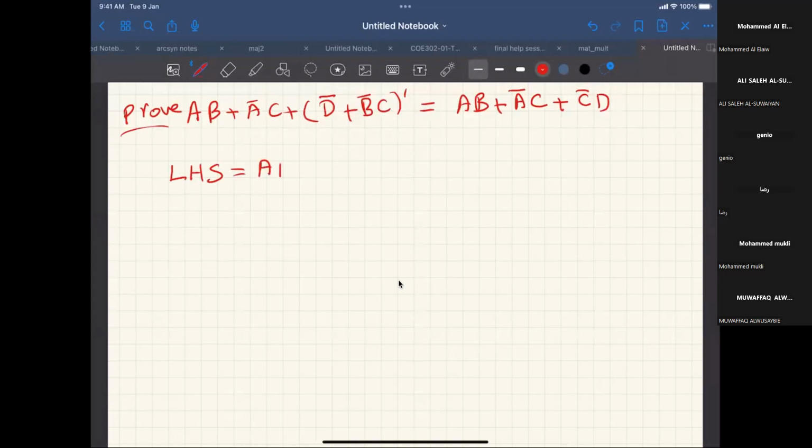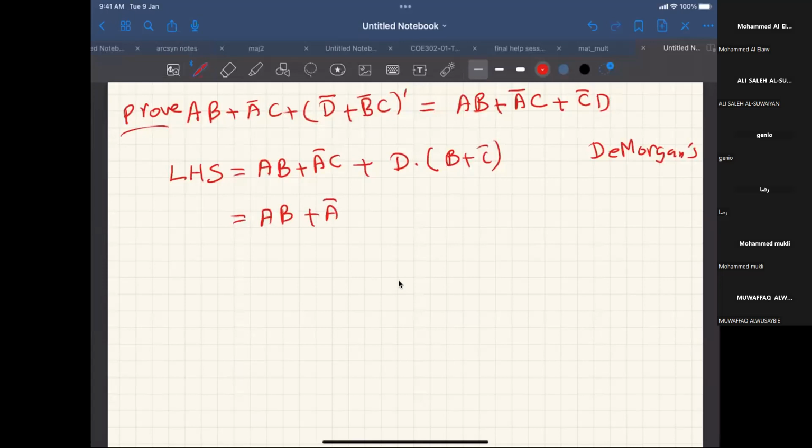AB ORed with A complement C, and then D ANDed with B OR C complement, by De Morgan's law. And then this equals, again, AB ORed with A complement C, ORed with BD, ORed with C complement D.